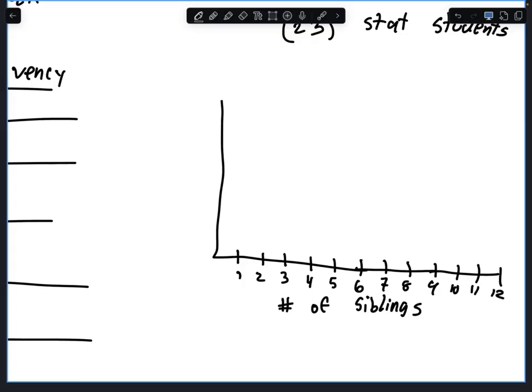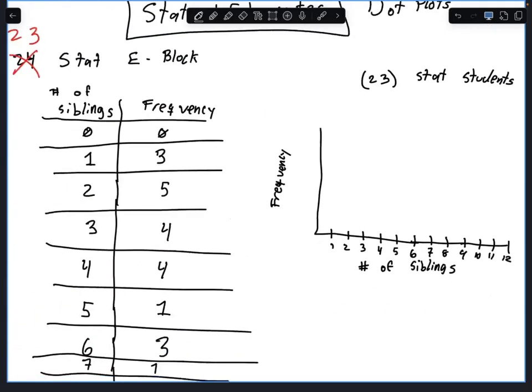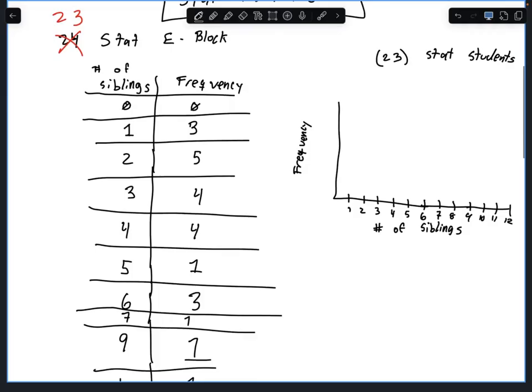Now, the y-axis is going to represent what for our dot plot? The number of people, which we also call the frequency. Based on the data that we collected, what does my frequency have to go up to?